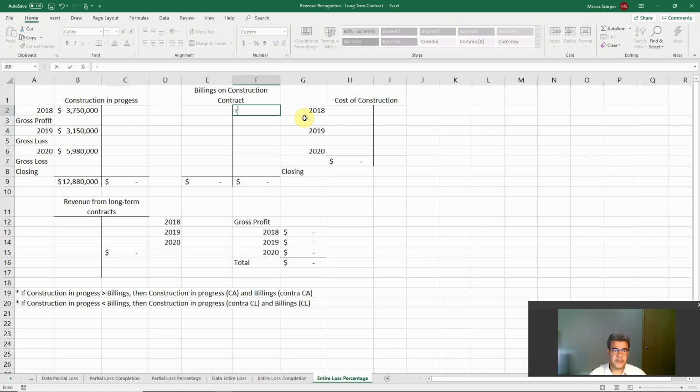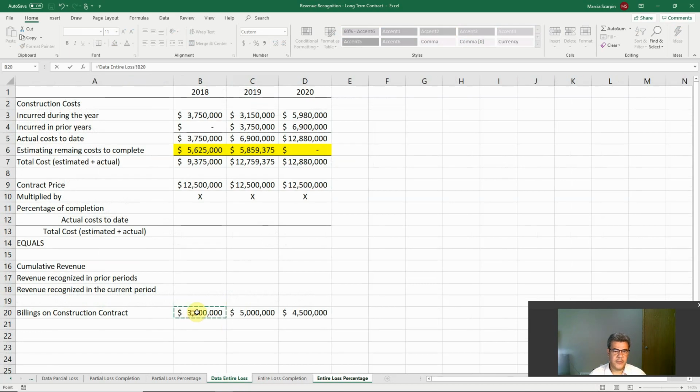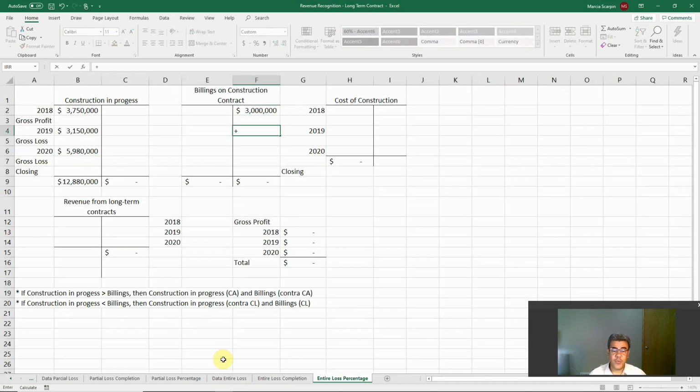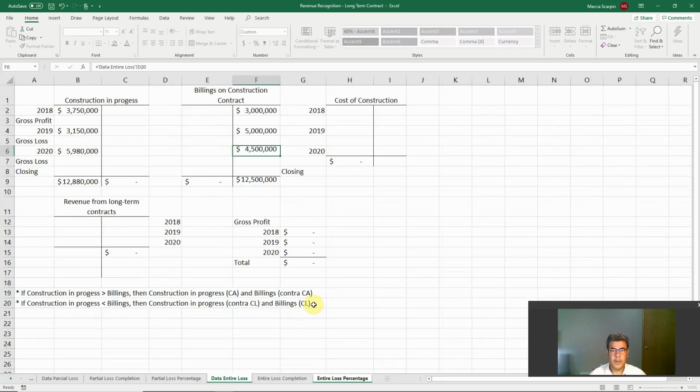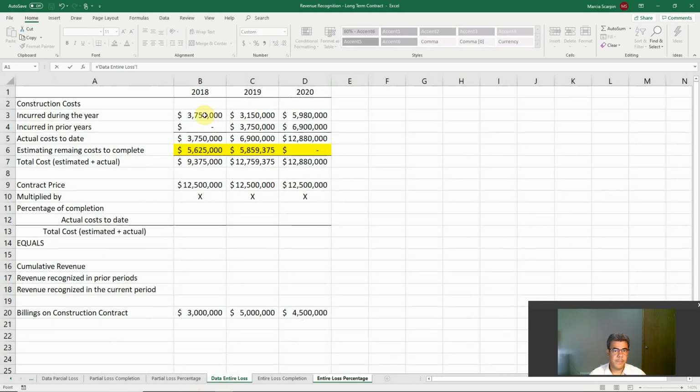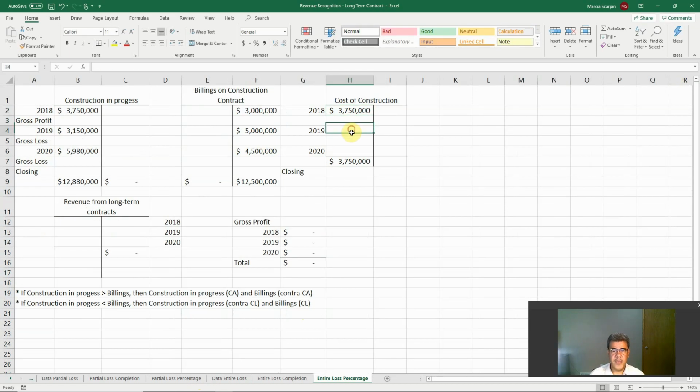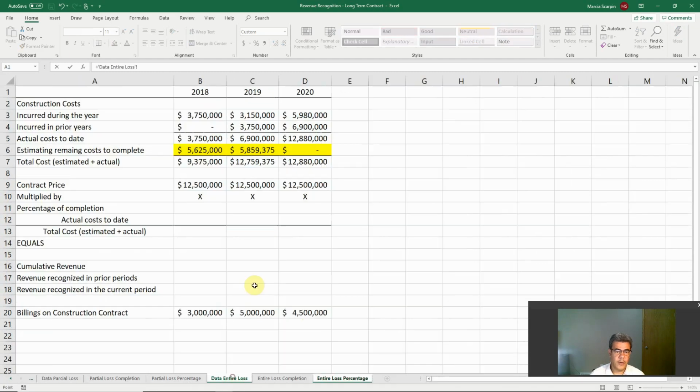Our billings are exactly the same as our billings here. So for revenue recognition, the billing is completely useless. Okay? And the cost of construction here will be the same as our cost here.